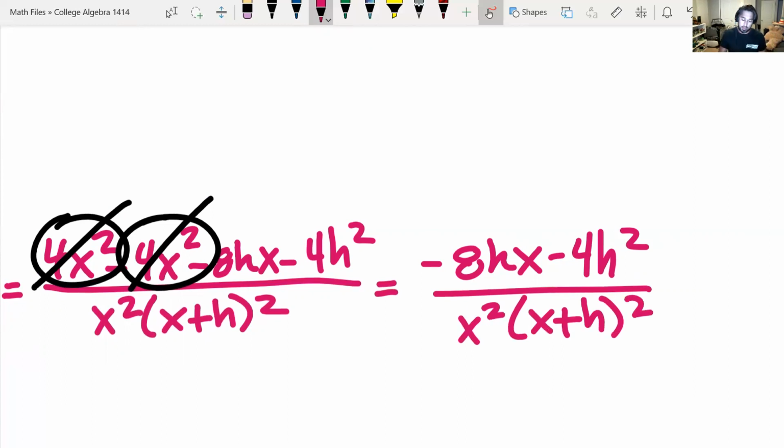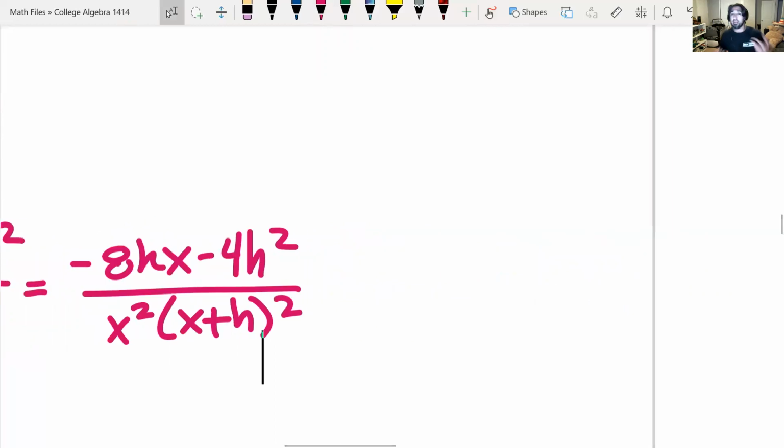All right, and like I said, this answer would probably be great for my math lab because they don't want you to factor out the h. But we can always end it by taking out the h. All I want is a common factor of h.